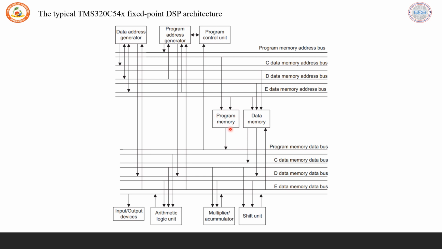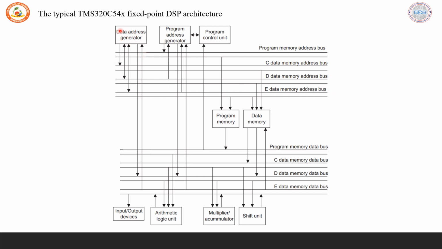We have a separate program memory and data memory. There are separate buses to facilitate transfer of data and program. You can observe here there is a program memory address bus and a program memory data bus. For data memory, there are 3 pairs of buses which are named C, D, and E.